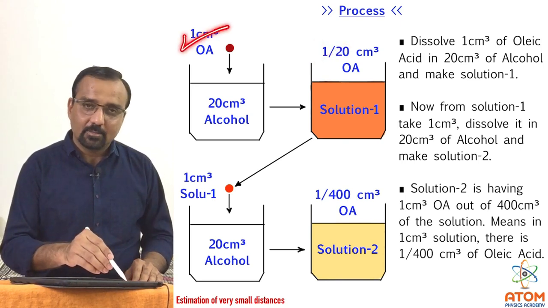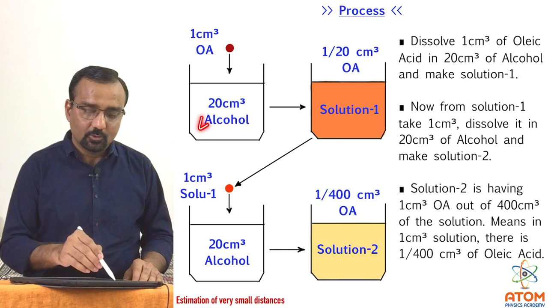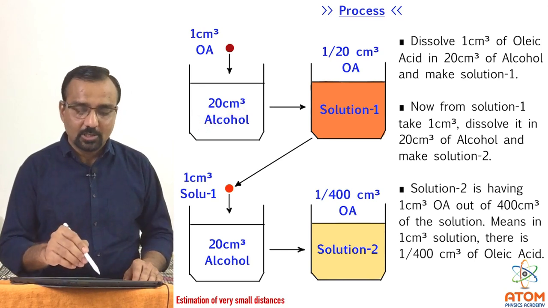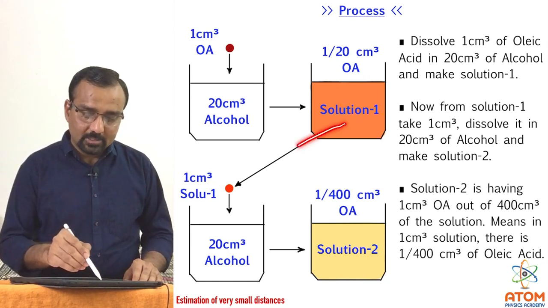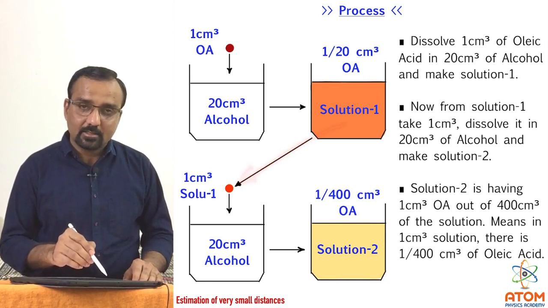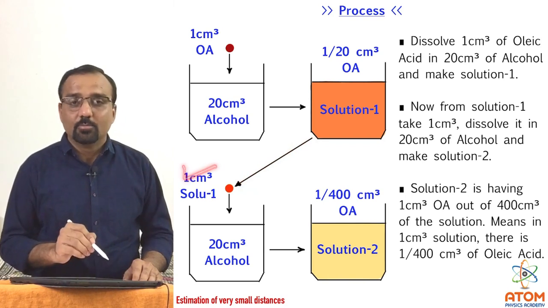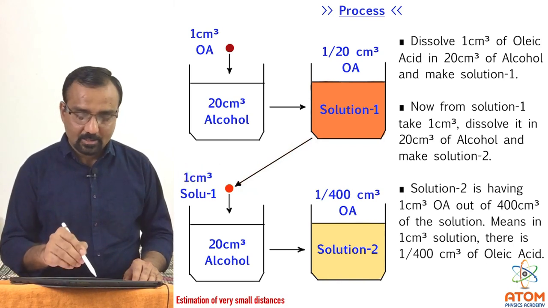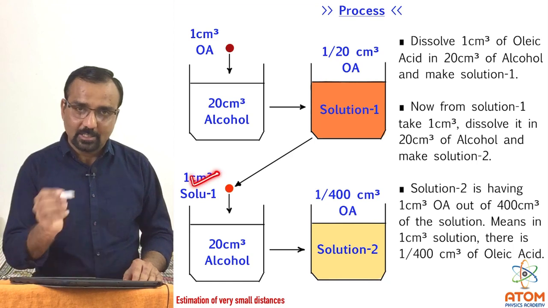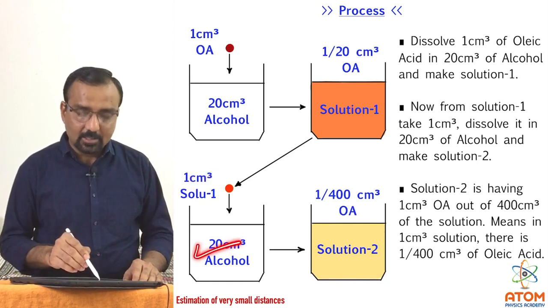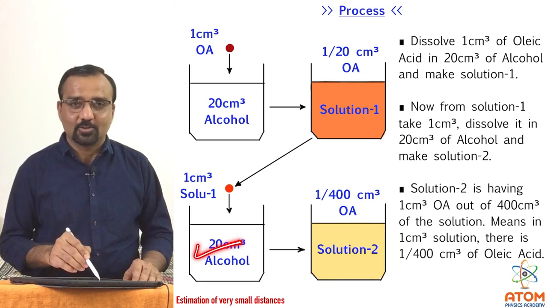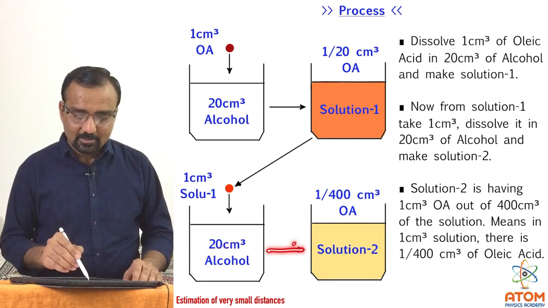Obviously, 1 centimeter cube of oleic acid is dissolved in 20 centimeter cube of alcohol, so the proportion of oleic acid in this solution is 1 by 20. Now, from this solution 1, take 1 centimeter cube of solution, and dissolve it again in another 20 centimeter cube of alcohol. So, you will get solution 2.